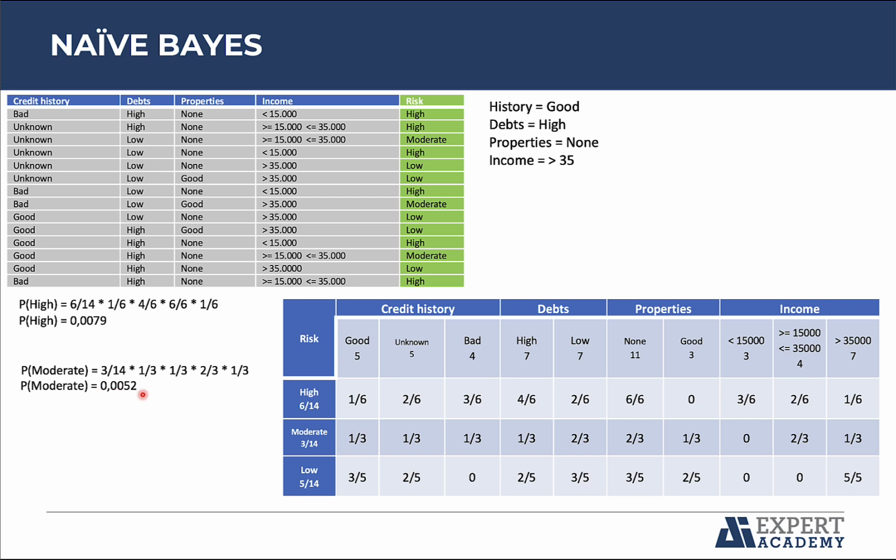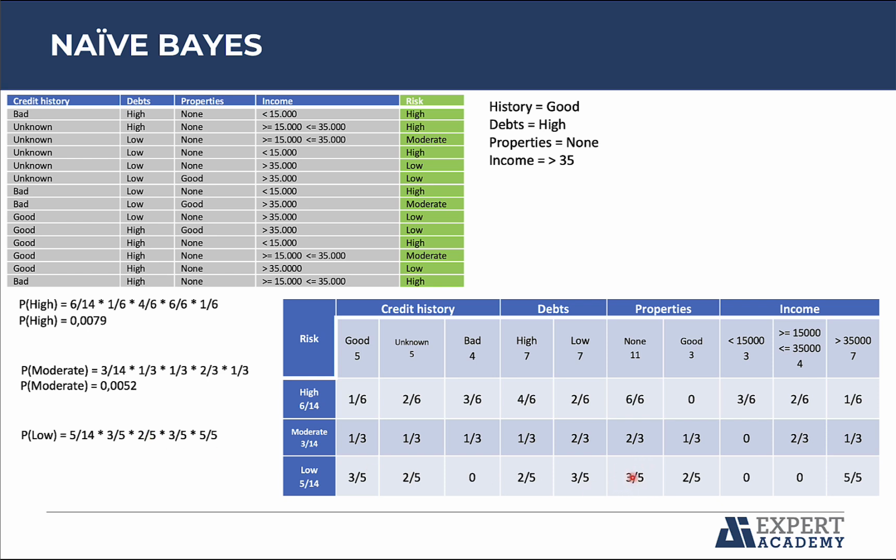Now we need to calculate the risk to be low. 5 divided by 14 times 3 divided by 5. This value here. Debts high, 2 divided by 5.